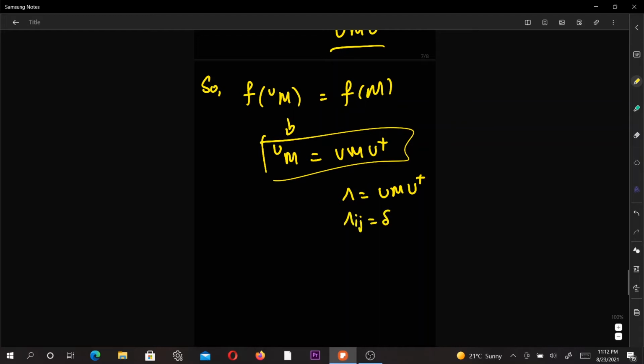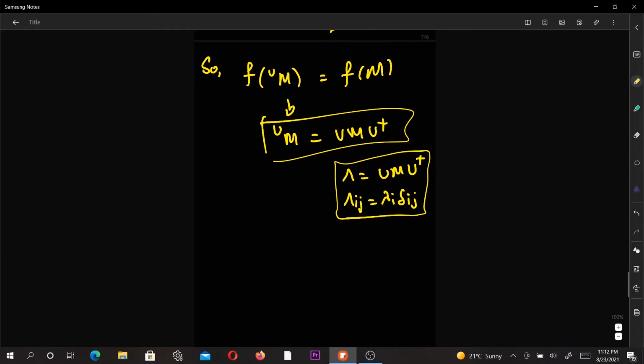You can write it in terms of the eigenvalues, with components something like this, or you can write it in terms of M as well. Same thing.